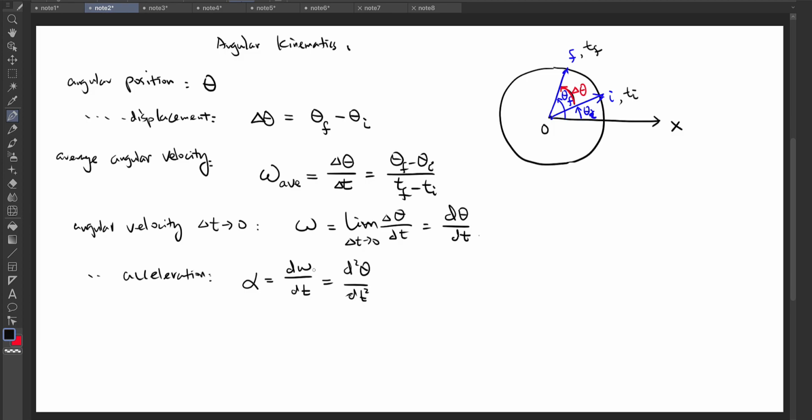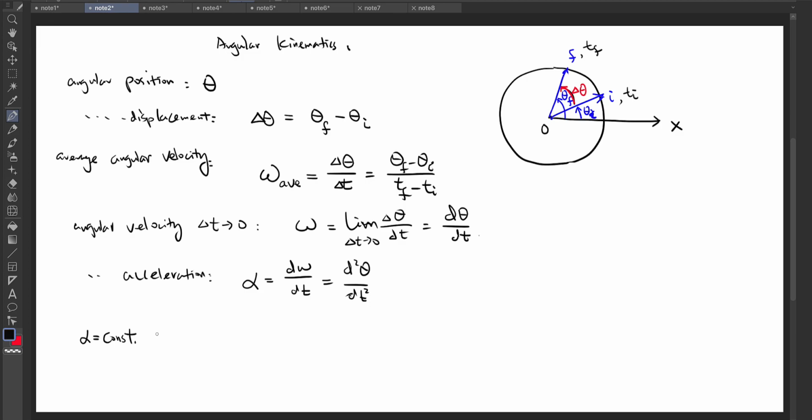All right, so those are some symbols we're going to use for studying angular kinematics. And just like the linear 1D kinematics, they have several kinematic equations. So if the motion here is a constant acceleration, so let's say alpha here is a constant.